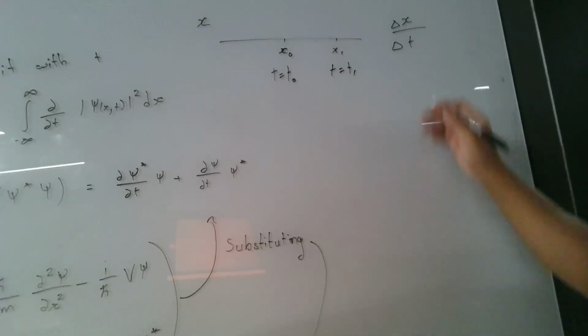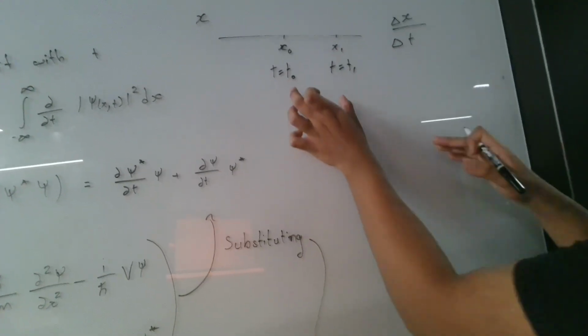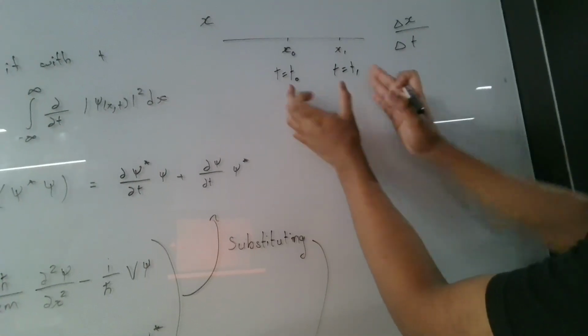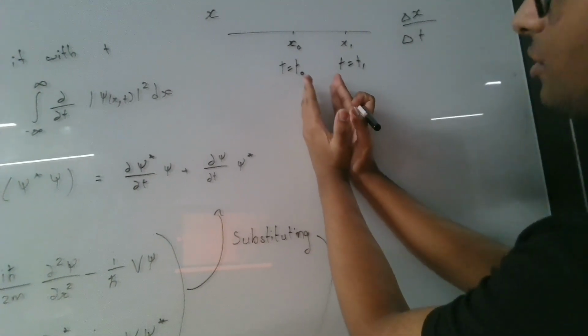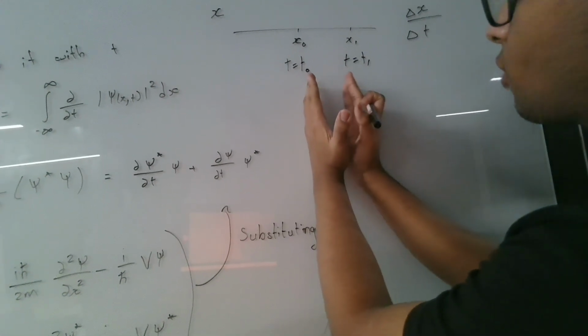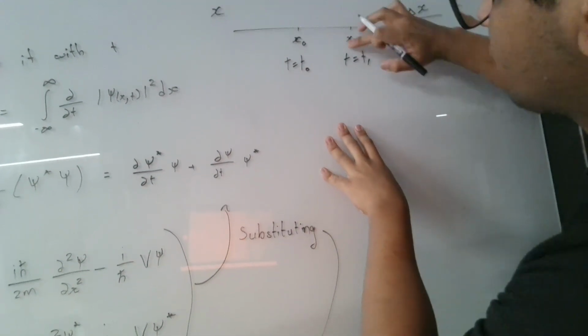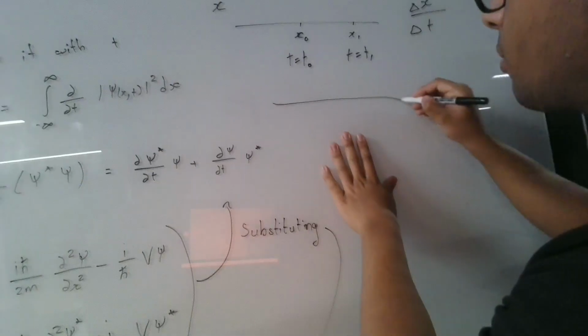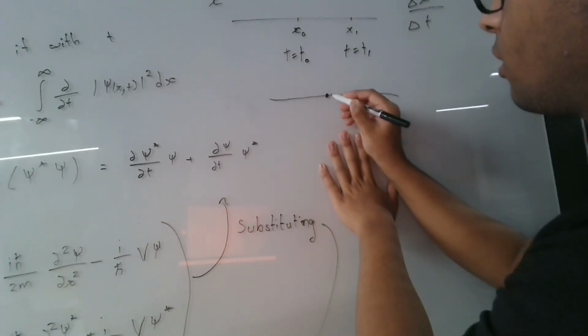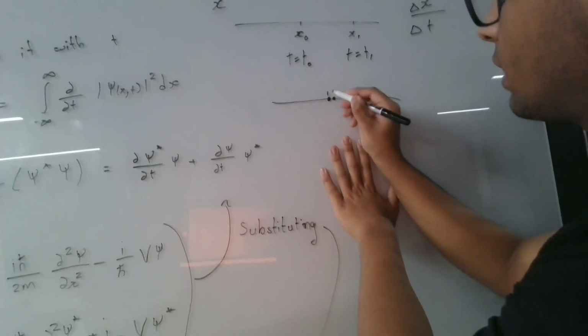Now, let's do something. We can decrease this distance. We are going to make it so small that it nearly looks like a point. So make the distance small, dx.